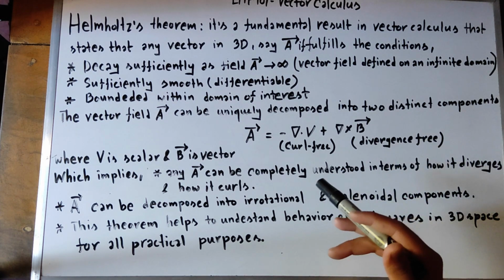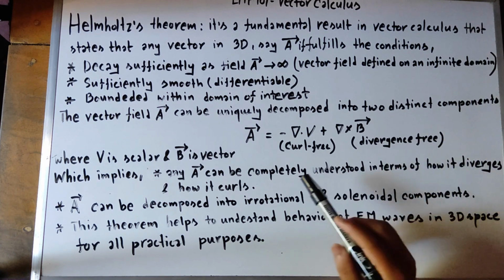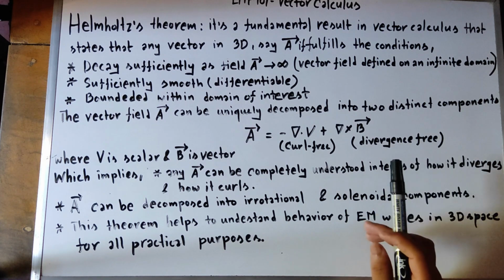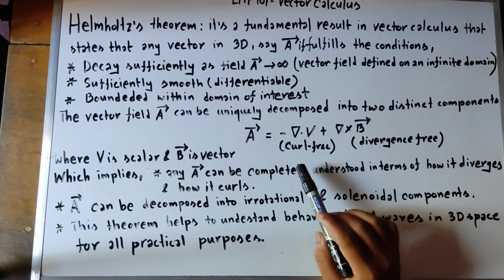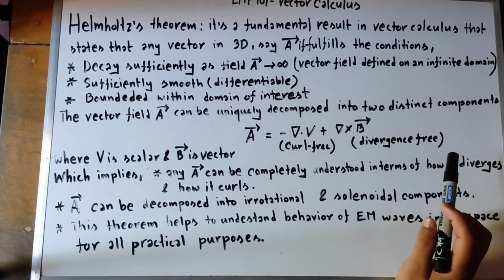Like that we can decompose a vector field into two distinct components, one of which is curl free and the other is divergence free.